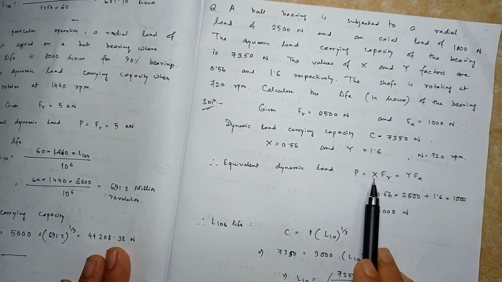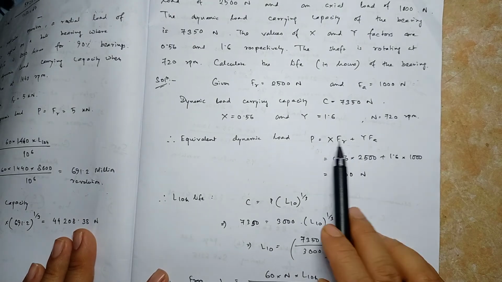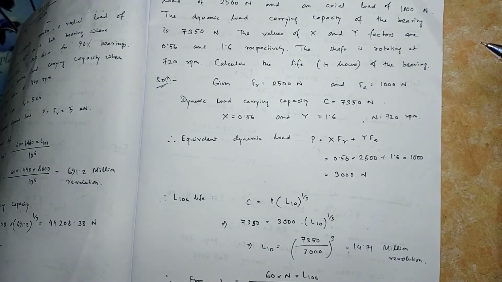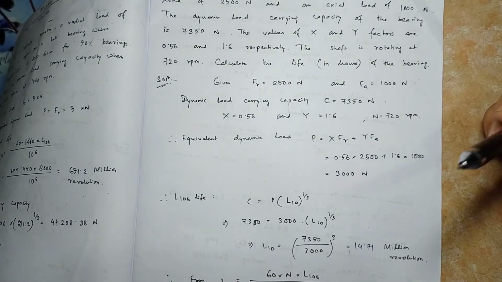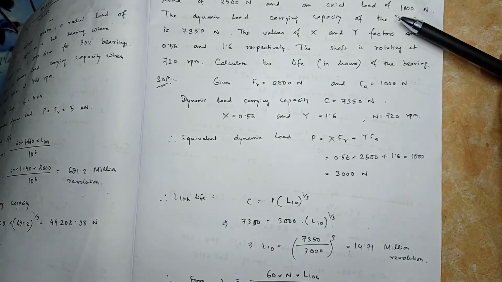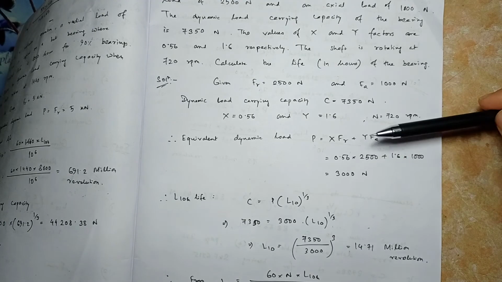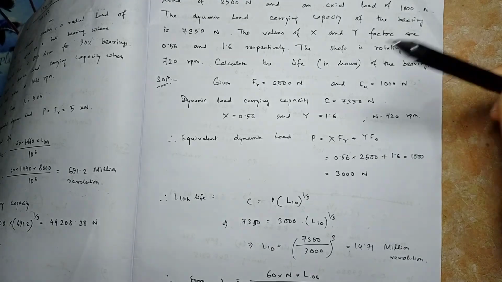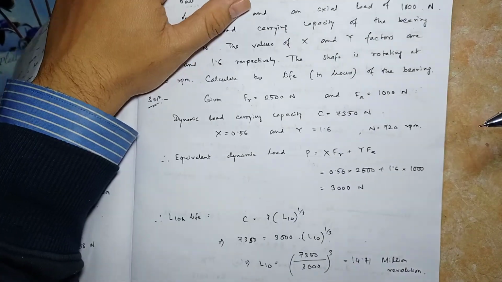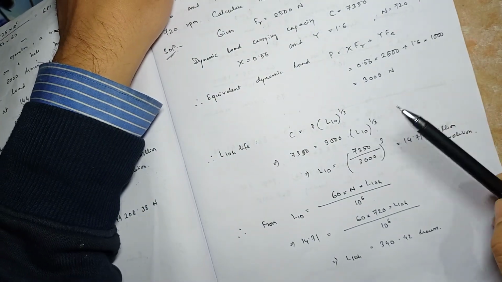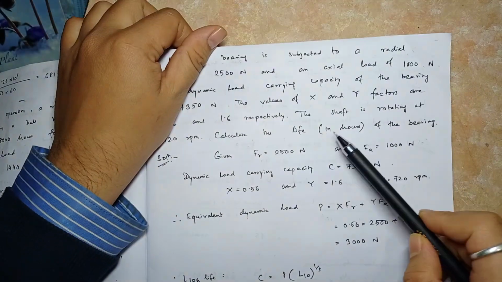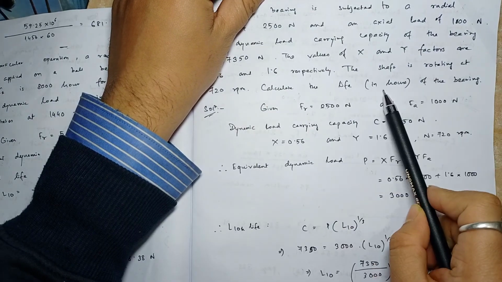So equivalent dynamic load can be found from this relation. Although it is not mentioned whether the race rotation factor is 1 or 1.2, if it is not given, the race rotation factor V is 1. So put the values of X, FR, and Y everything here. Now we need L10H, that is, calculate the life in hours.